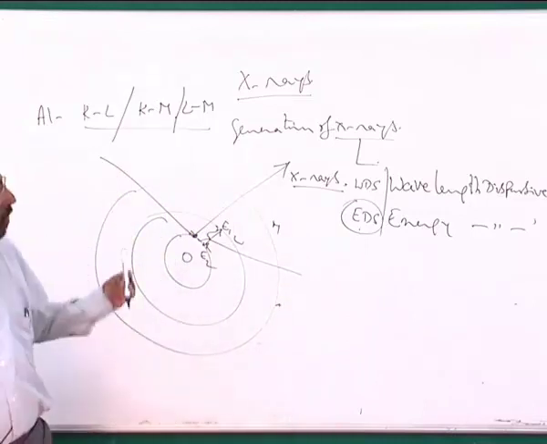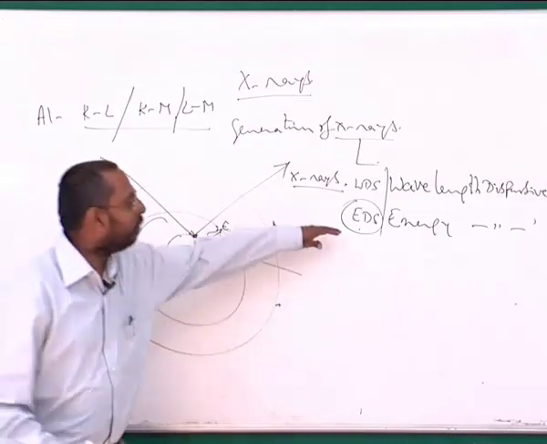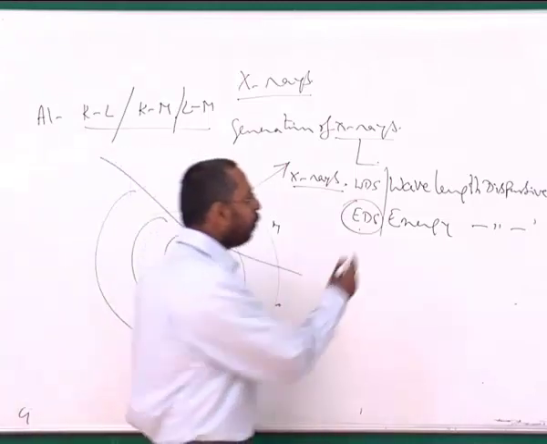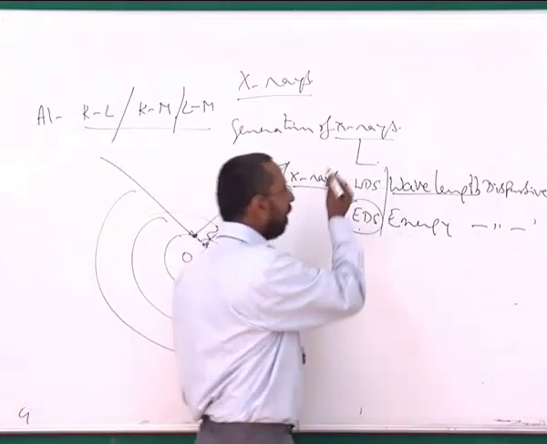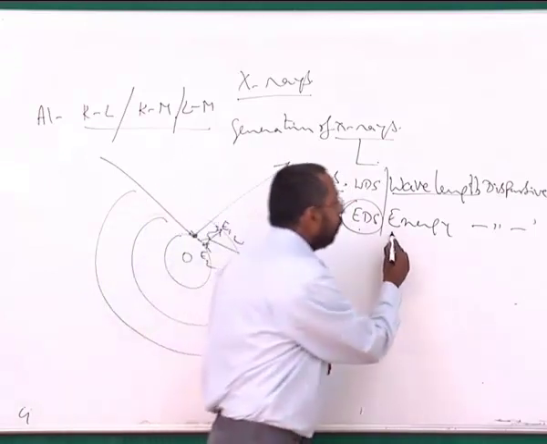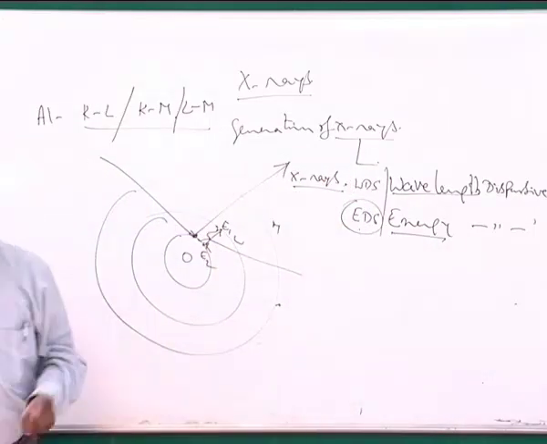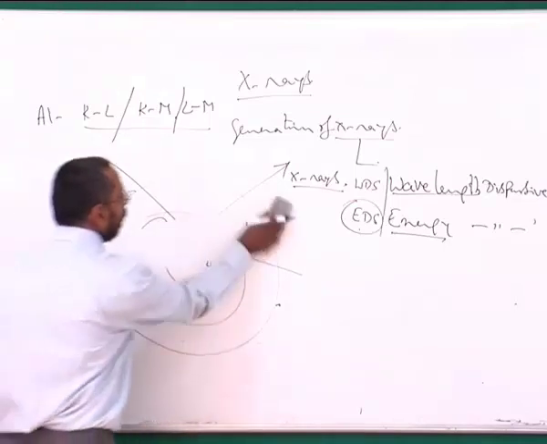So once you understand what these two terms mean, basically what we are doing here is either using the wavelength of the X-rays that are coming out or using the energies.